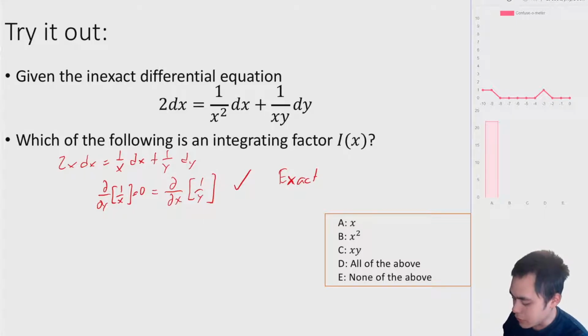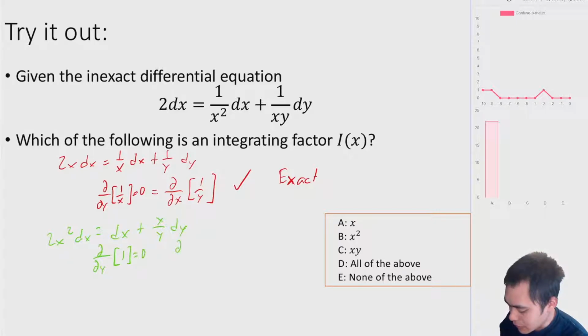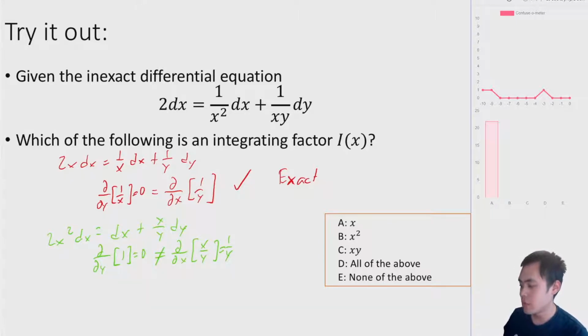On the other hand, if we try x squared, you end up getting 2x squared dx is equal to dx plus x over y dy. And then you get del y of 1 is equal to 0, but you have del x of x over y is equal to 1 over y, and so these are not equal, so this is not exact.